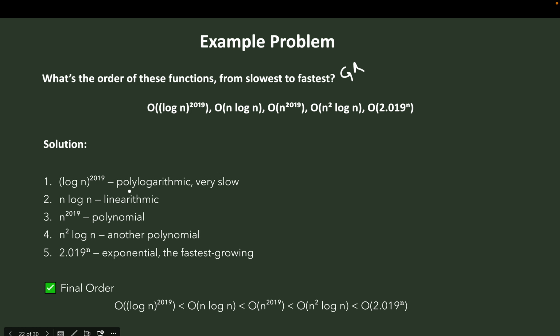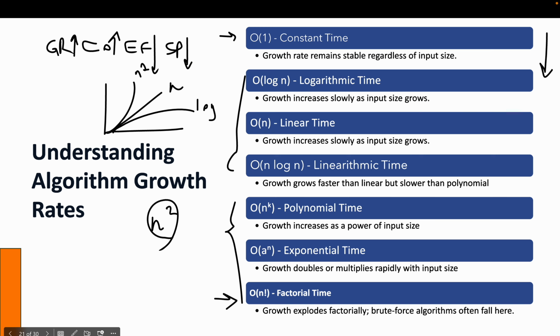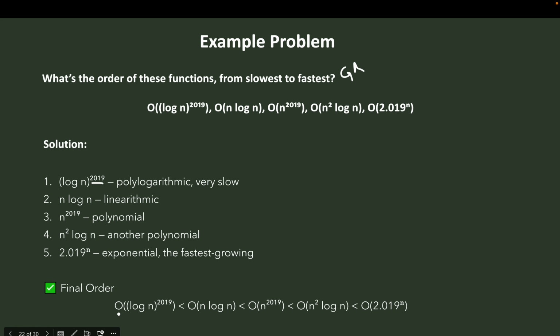First of all, you have a polylogarithmic. It's a logarithmic, it's log n, and it has a power. This power is just a number, and it will not change the performance of the logarithmic function so much. So you can see that it will have the best performance.